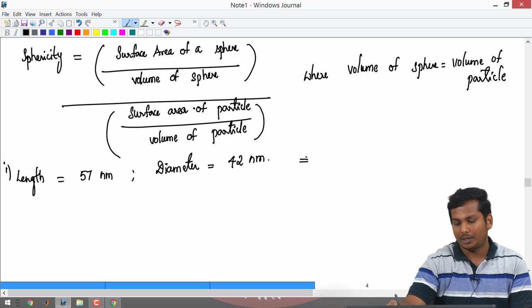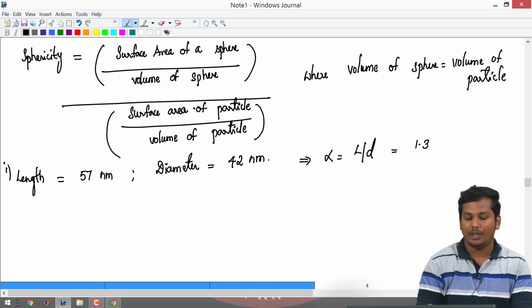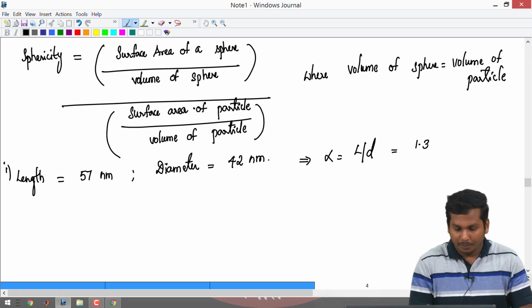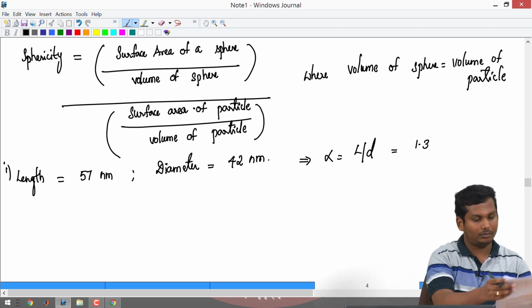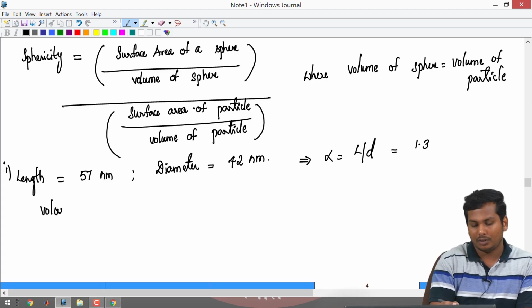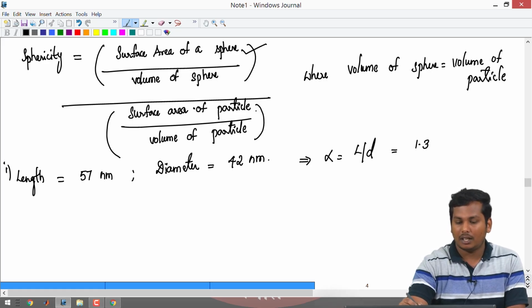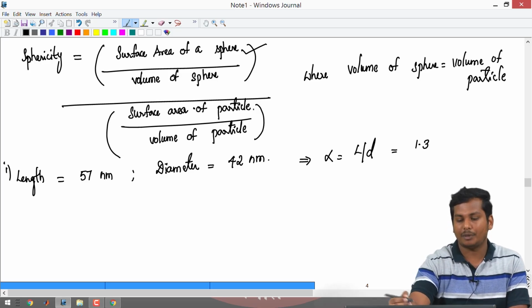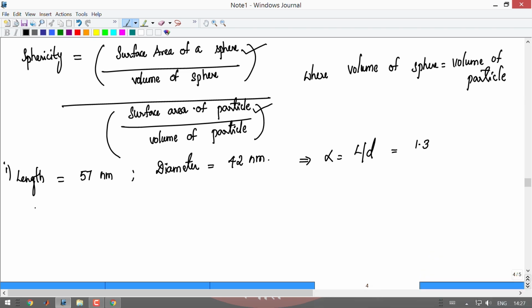So, that alpha is L by T, which is 1.3. To calculate sphericity we need surface area of sphere, that is the sphere which has the same volume as volume of the particle, and surface area of the particle.